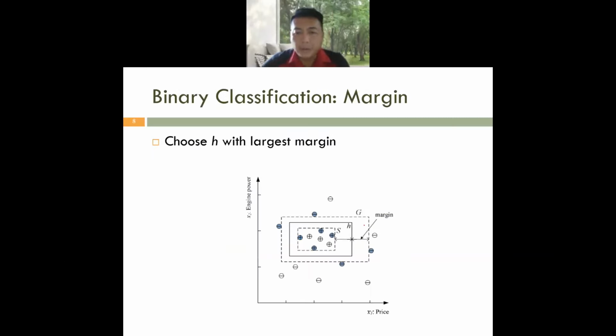So this is the specific one, this is the general one. So we choose the hypothesis with the largest margin, meaning that these are the same. The largest margin.